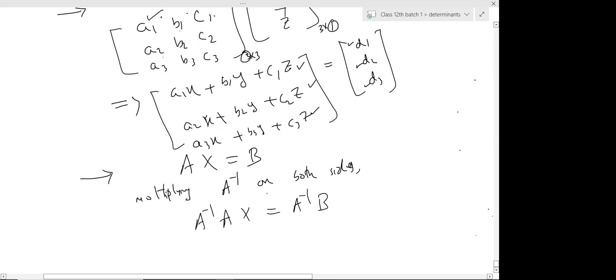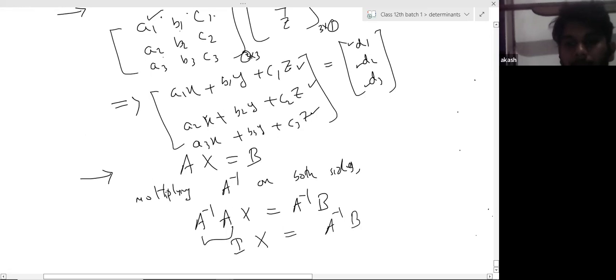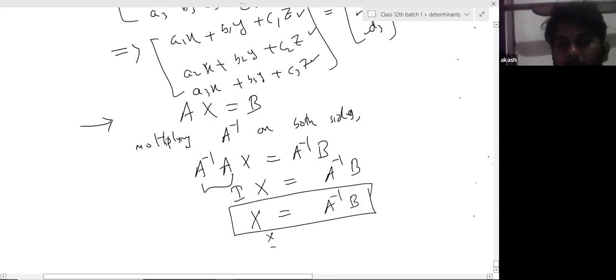No, sir. So this becomes the identity matrix, I X equals A inverse B. So X equals A inverse B. And what was X? x, y, and z, which we were trying to find. Is this clear, everyone?